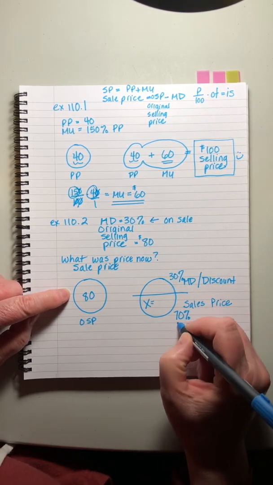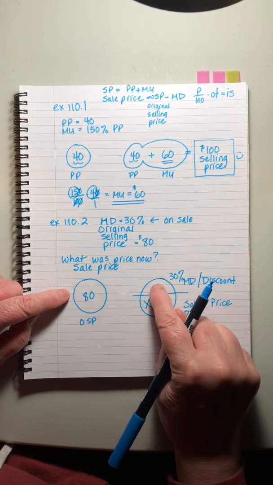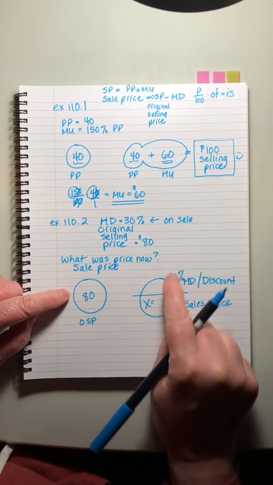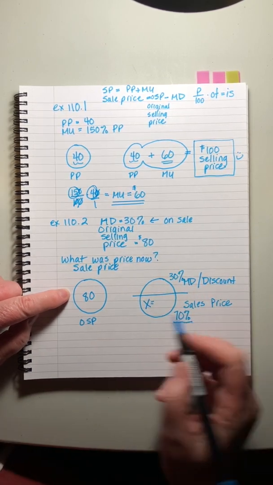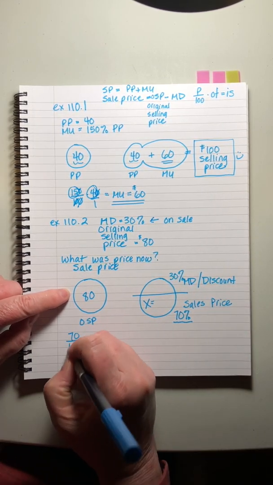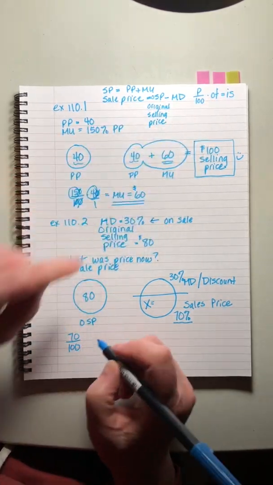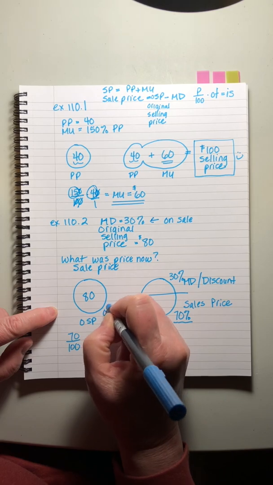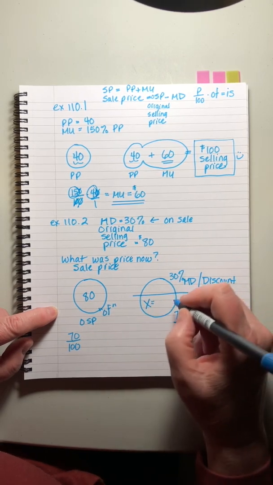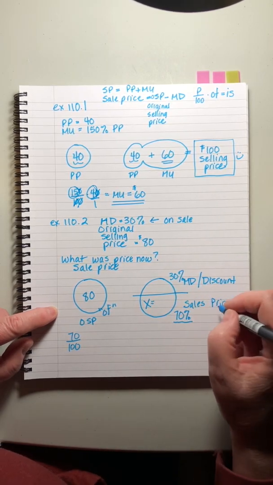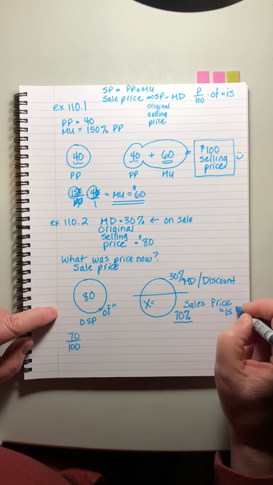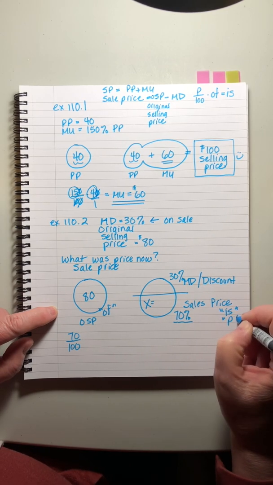So let's do that using our frickin' formula. We want to use this percent, right? This one won't tell us the sales price. This one will tell us the discount. So we're going to do 70 over 100 times the of number. Remember, this is always the of. And this side gives us the is numbers and the percents.